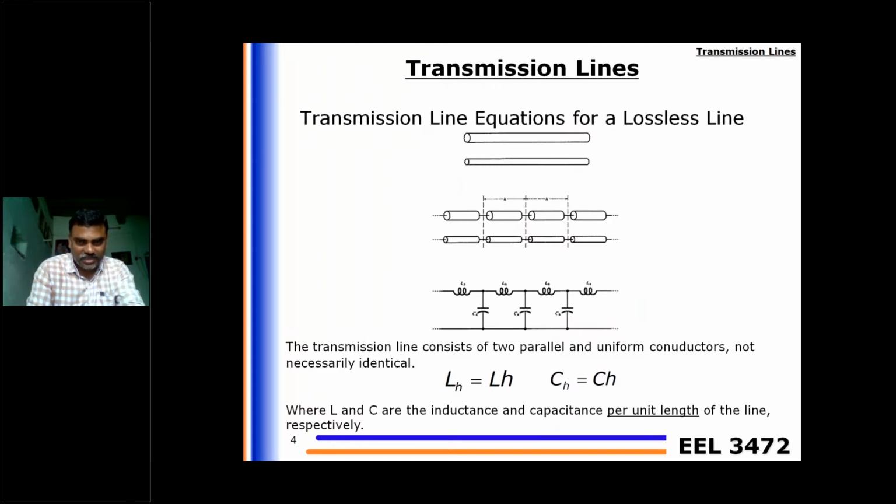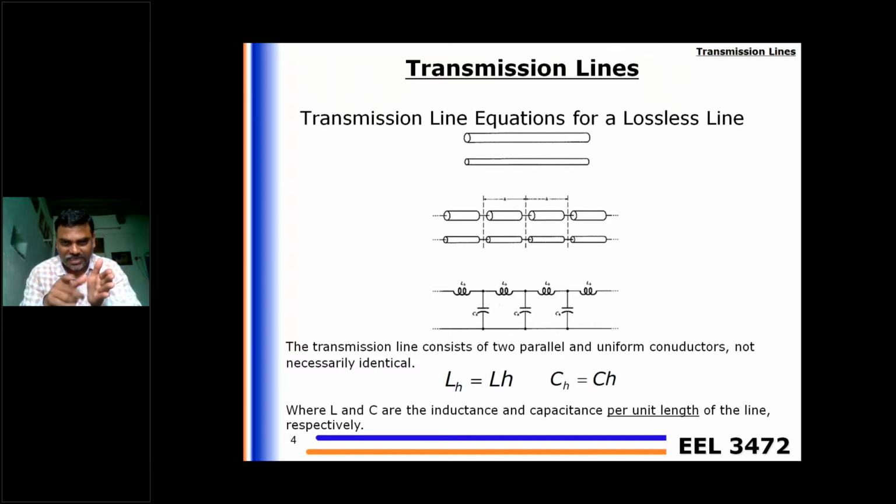So actually this is the equivalent circuit of the transmission line. The transmission line can be formed by the series or cascaded form of different small sections over unit length, and over each section we have R, L, G, C, and for the distortionless line the R value is 0 and the G value is 0.